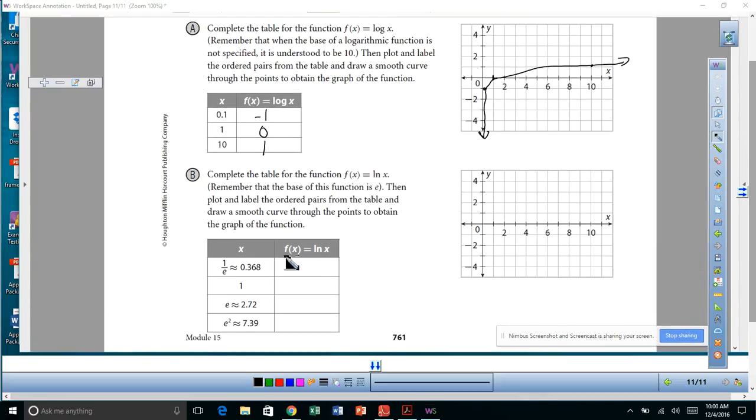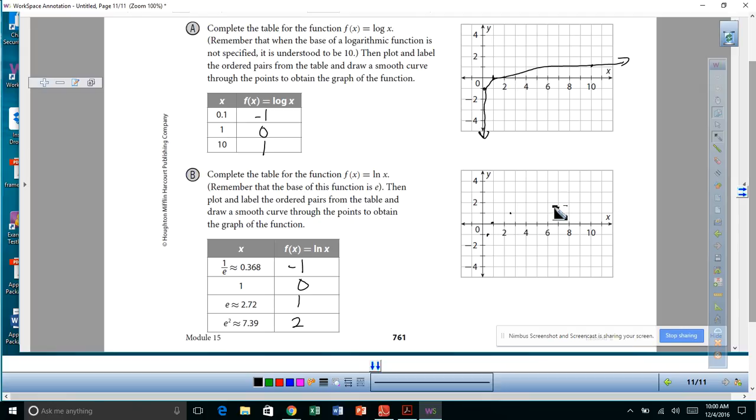1 over e gives -1. Natural log of 1 is 0. Natural log of e is 1. And natural log of e squared is 2. So we've got 1 over e, -1, probably about right there. 1, 0, and then e is about 2.72, so that's going to be 1 right there.